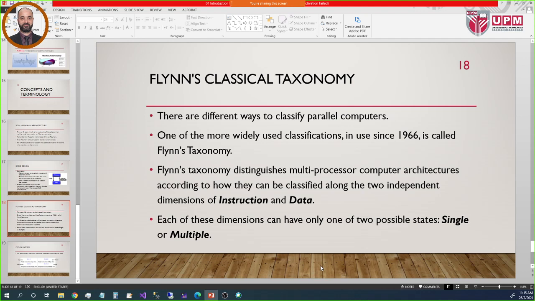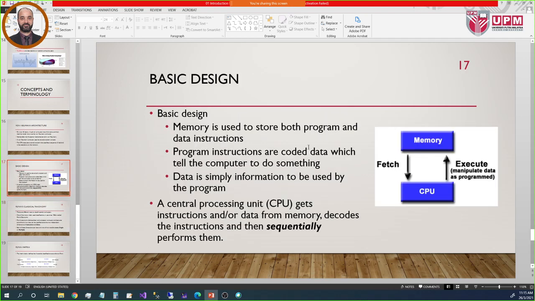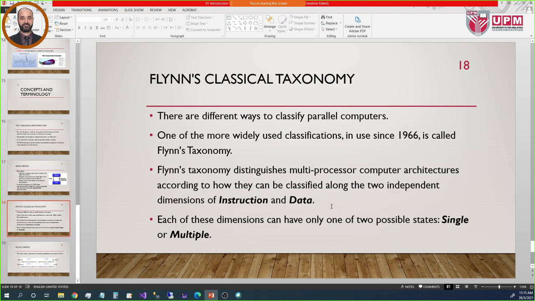So based on the previous design, we have two dimensions. The first dimension is the instructions, or the program, and the second dimension is the data. Flynn's taxonomy is based on these two dimensions.